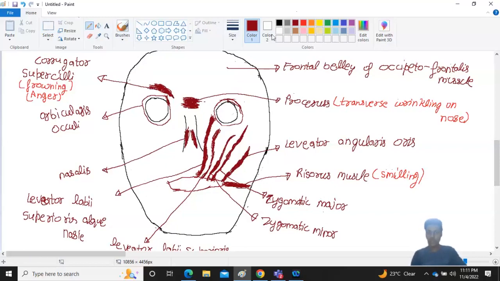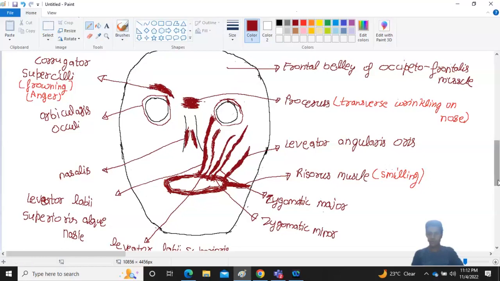Now there is a muscle of the mouth which helps in closing and opening of the mouth. There is a big muscle present near the mouth, all around the lips. This is the pattern of the muscle, and all of these muscles attach to this muscle.